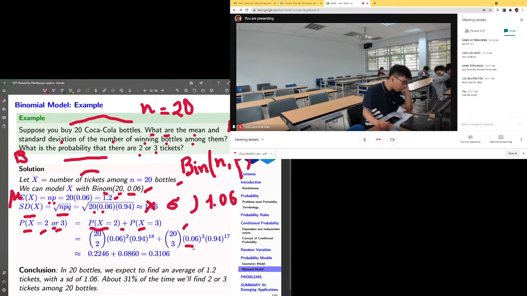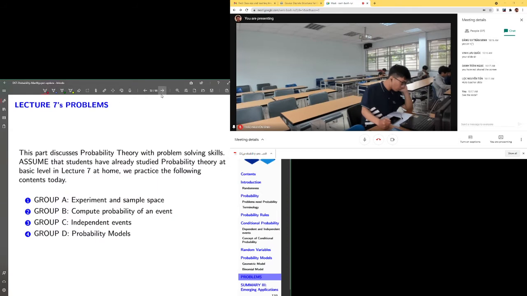Then this is p to the x, and this is 1 minus p to the n minus x. So that means 17 for the second case, and this one for the first case. Anyway, you can answer question B easily from here. So the main problem is about the modeling, not about the formula.